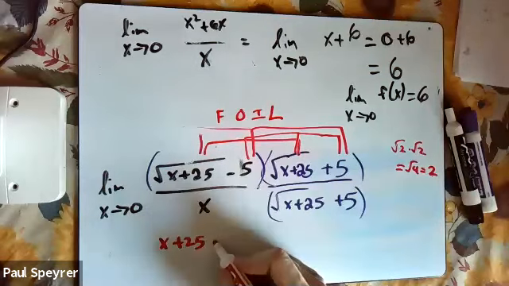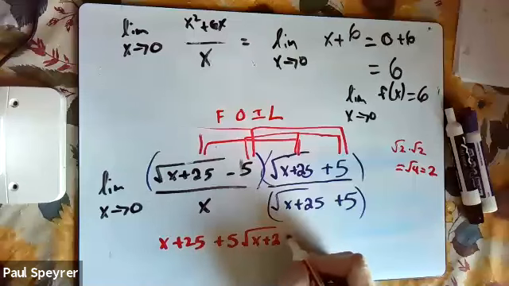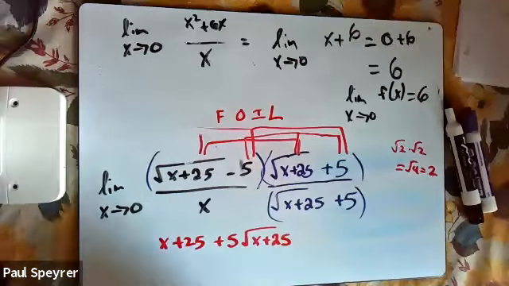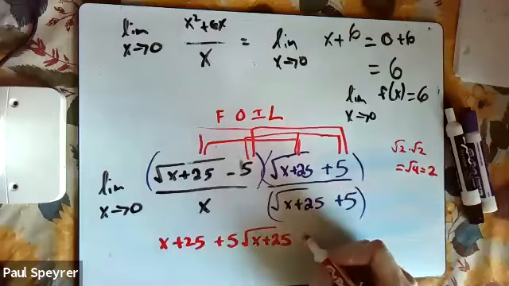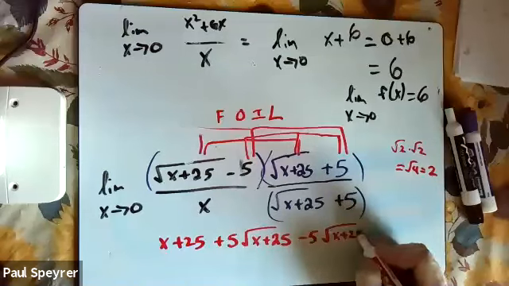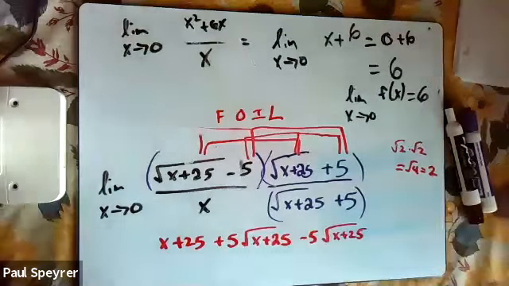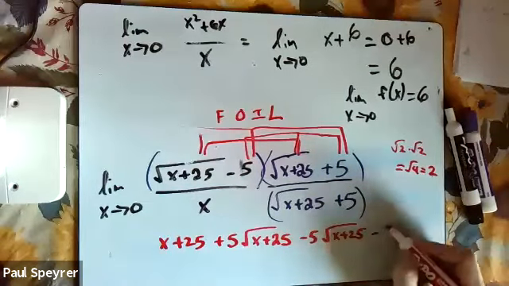That becomes plus 5 root x plus 25. Now the inner: negative 5 times this root, which is just negative 5 root x plus 25. And then the last 2, which is negative 5 times positive 5. That's minus 25.